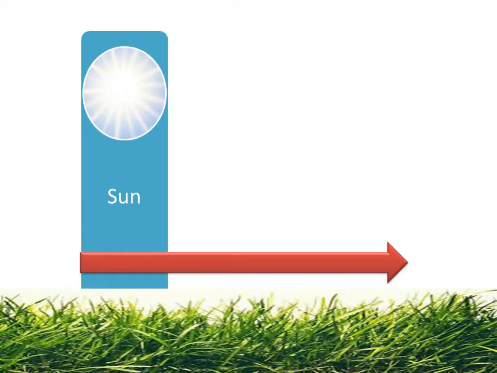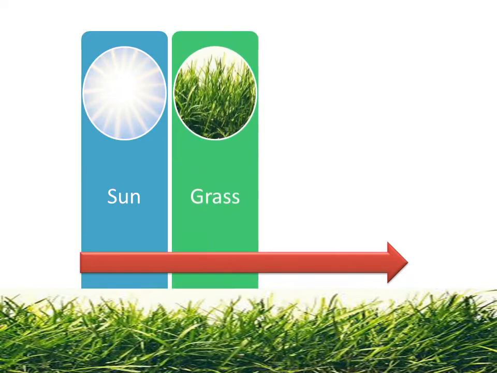Usually, these organisms are arranged in a way that they depend on each other for food and for energy. The sun is the source of energy in the ecosystem. Grass are producers. They will use the sun in order to make their own food.